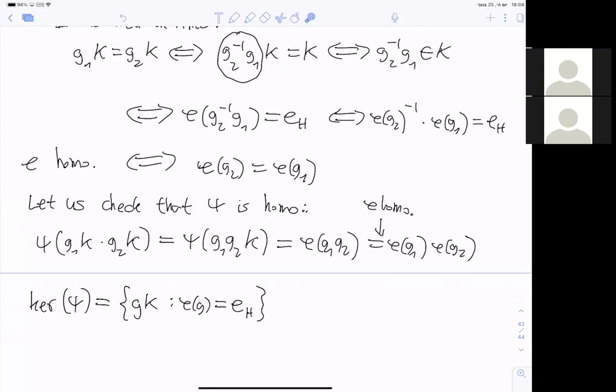But what are these g? These are exactly the elements that belong to K. Now this is the trivial element in the quotient. So psi is mono. Recall that G modulo K is a group, and the neutral element in the group is the trivial shift.